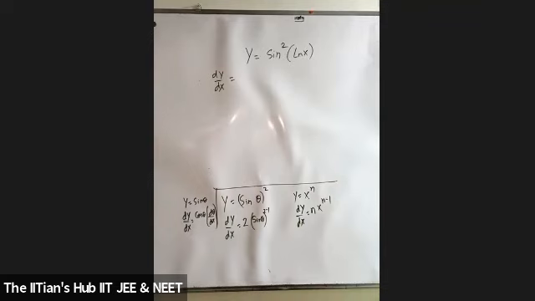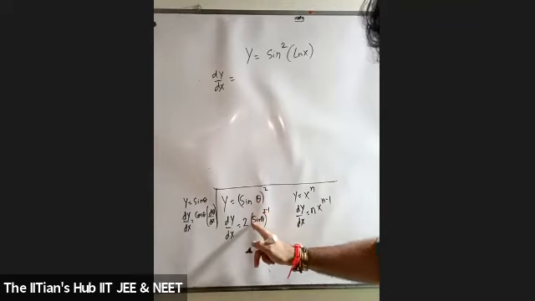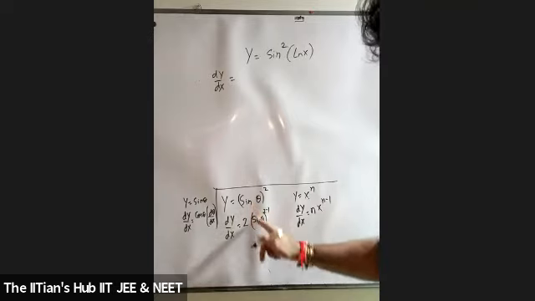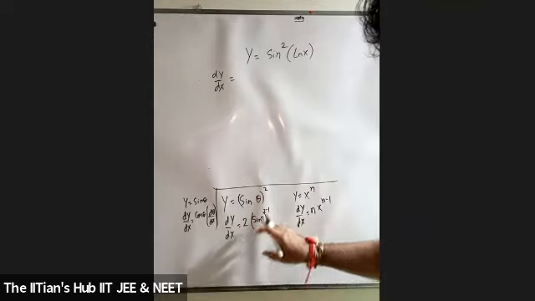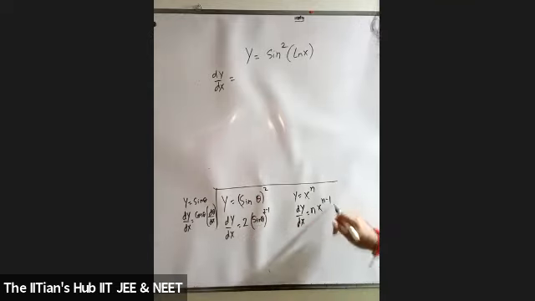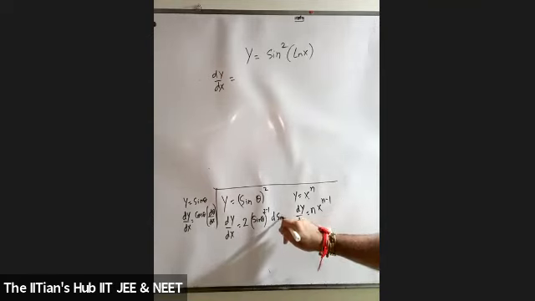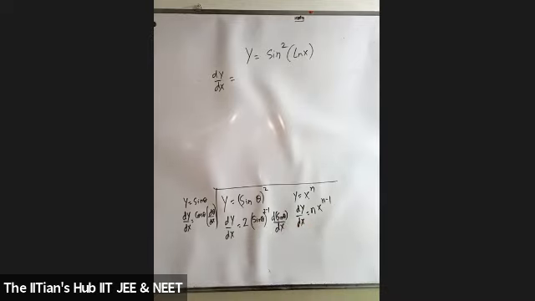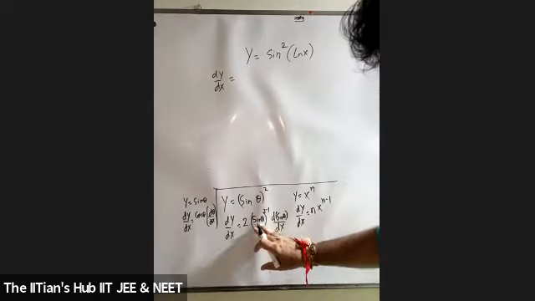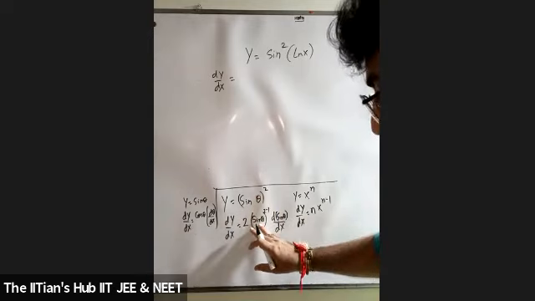Differentiating sin theta part also will be there, because this 2 sin theta to the power 2 minus 1 is the x part. What do you write behind it? dx by dx, and differentiating this you write d sin theta by dx. Do you understand, students? Yes sir. So the n has come.